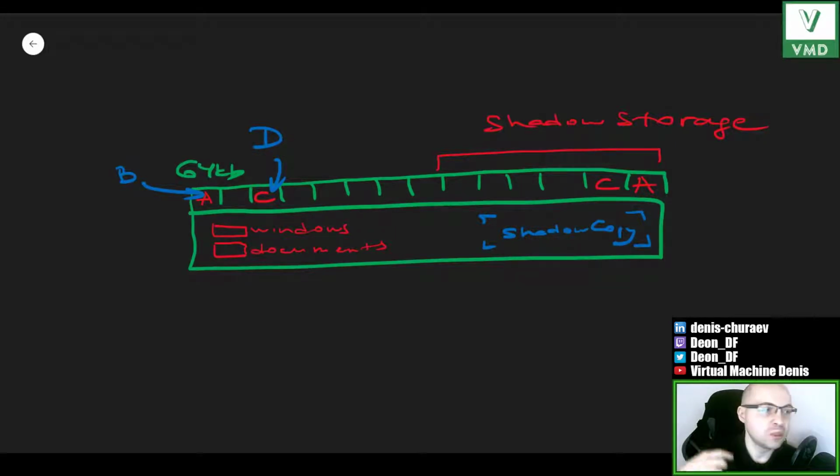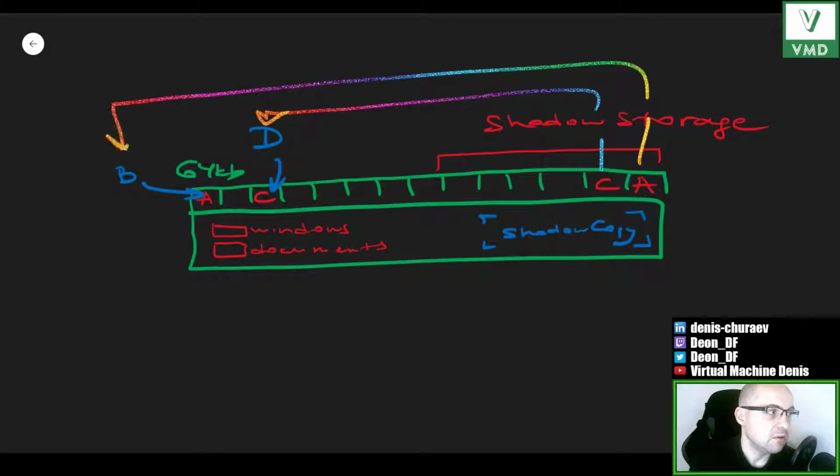And in order to restore your disk, the only thing you need to do is to basically roll back D with C and B with A. So if somebody is aware of the concept of differential backup, the shadow copy is a differential backup of your volume.